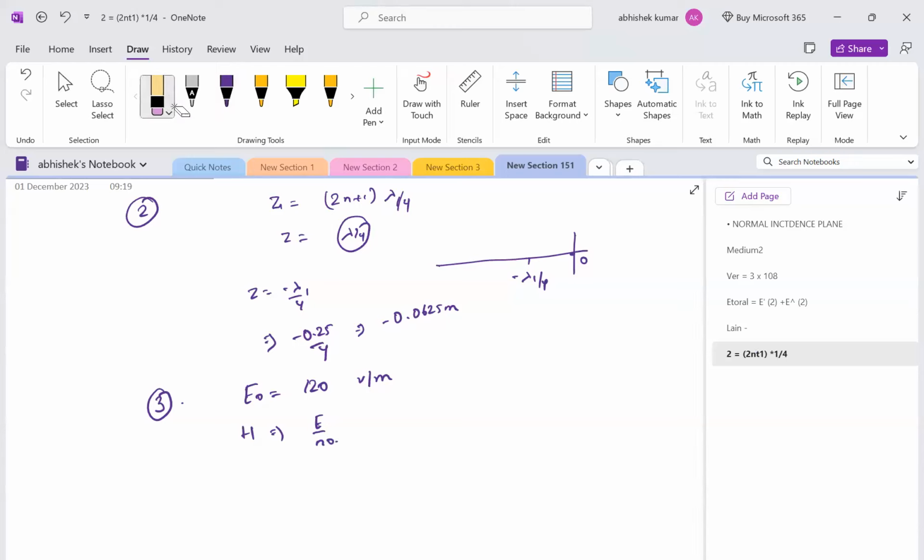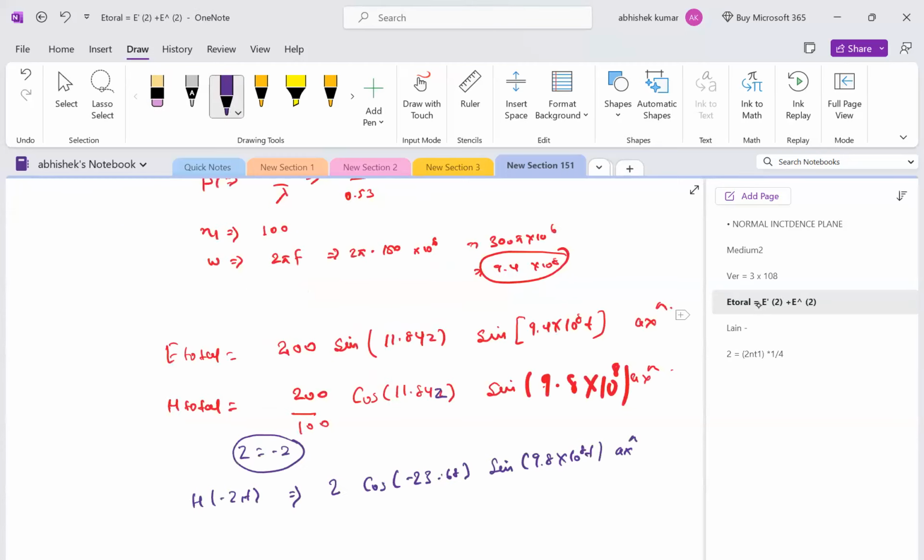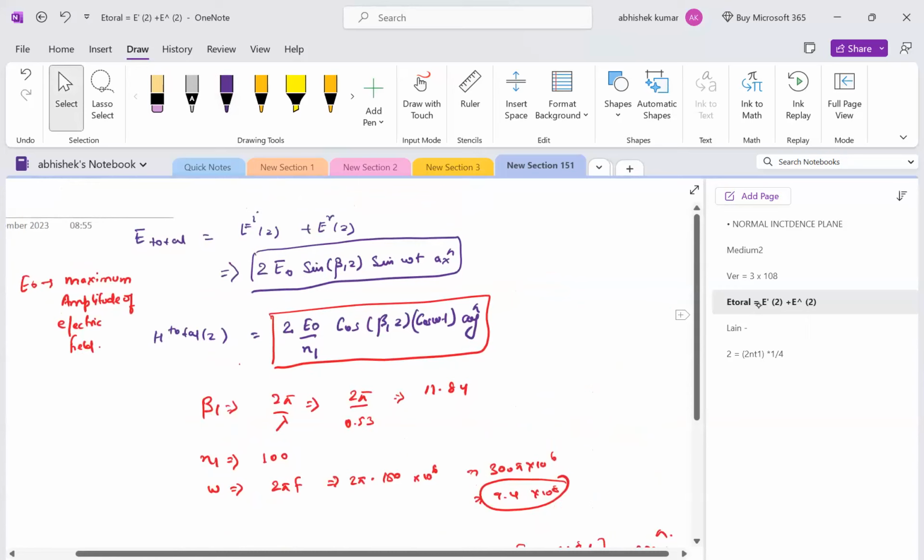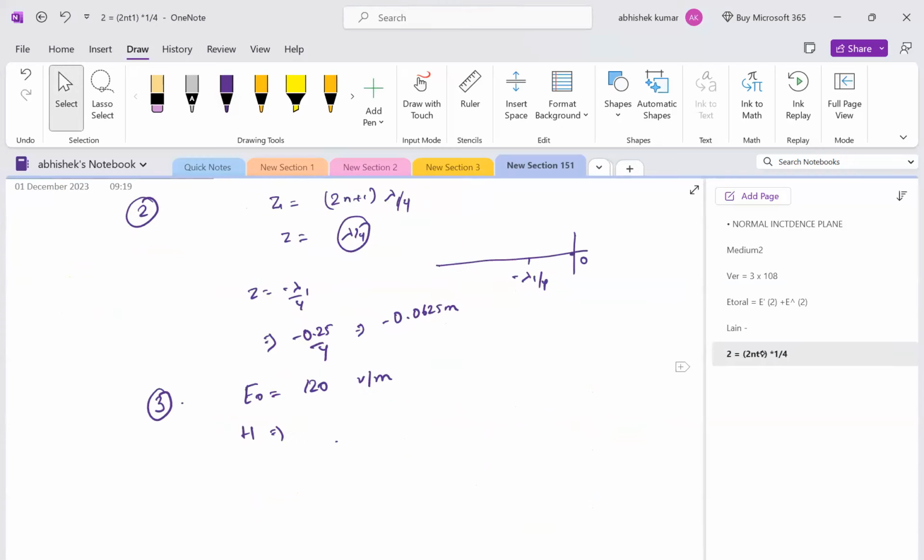We already have the equation of the magnetic field in the conductor: 2 E naught by N1 cos beta 1 z cos omega t, right?